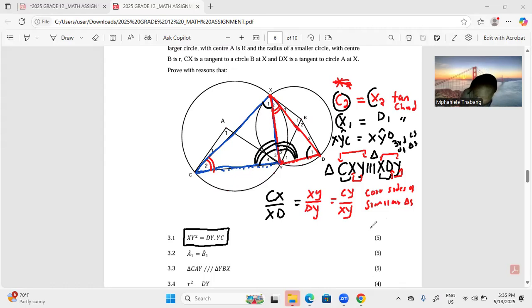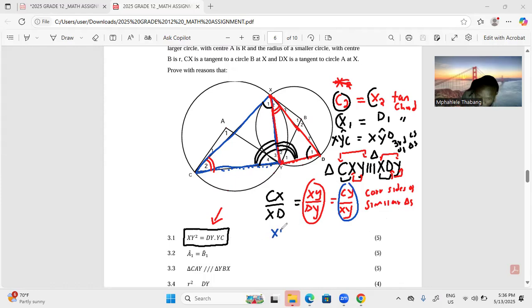So now here I'm just going to pick two ratios which I believe might help me in solving the problem. I need this XY and DY, because here we do have XY and DY. And I also need this CY and XY, because here we do have CY. So I will just focus on these two.